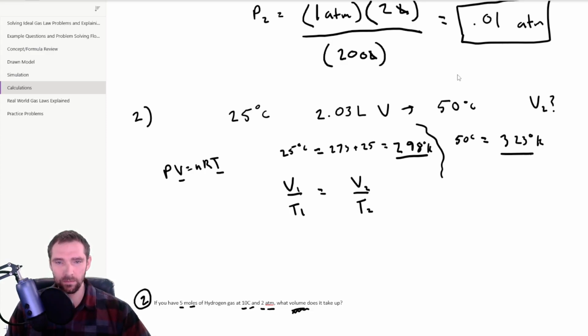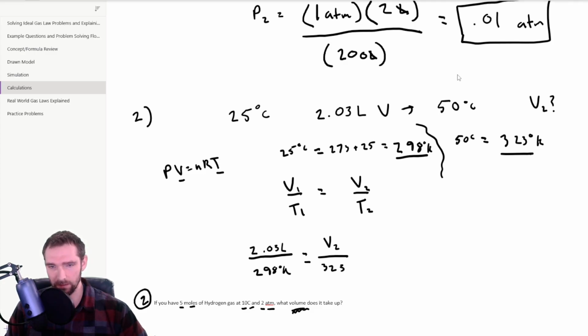If you look at this, we had 2.03 liters all over our first temperature, which was the 298 degrees Kelvin. And that was equal to this unknown volume, this V2, all over 323 degrees Kelvin.